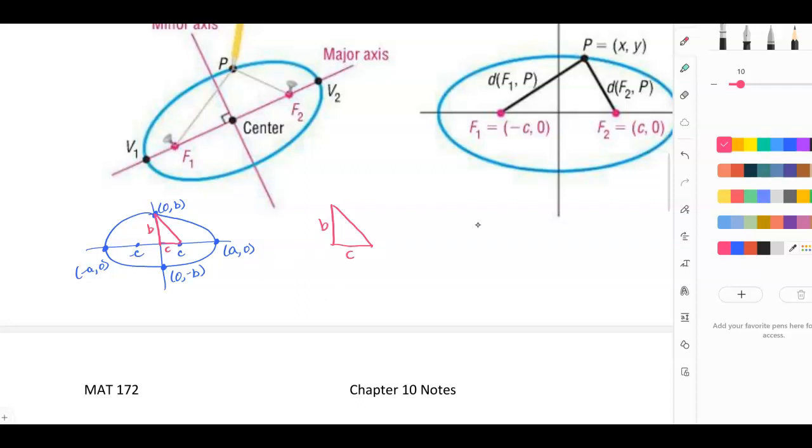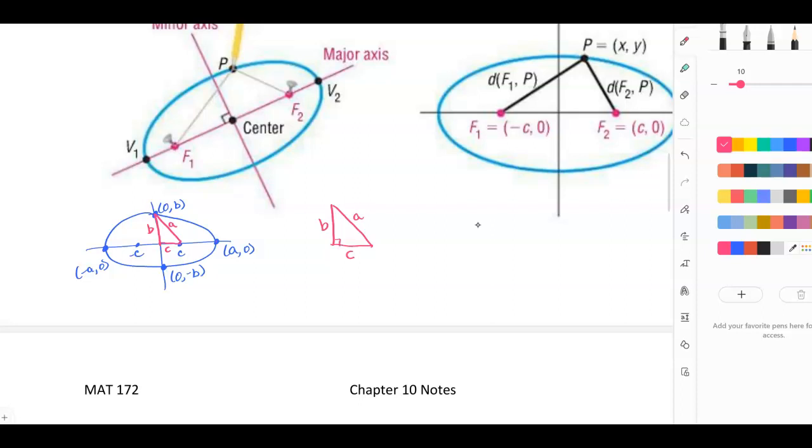And it turns out that that hypotenuse from 0 to c ends up being the same distance from 0 to a. Now this drawing is not to scale, but that's what will happen. From that minor axis down to where that focus lives, it's going to have that same distance as from the center out to that vertex.